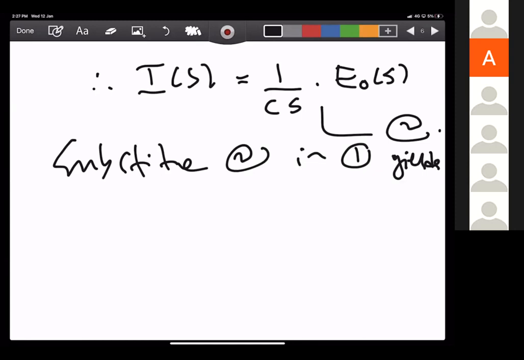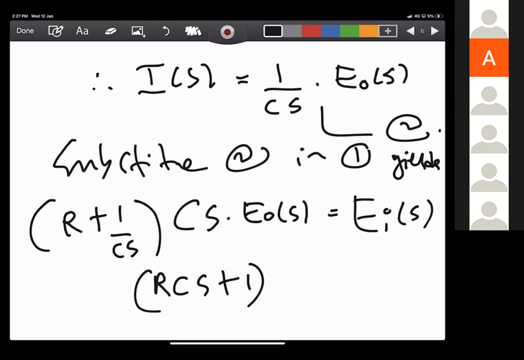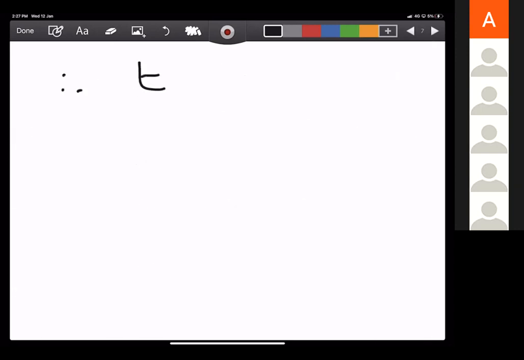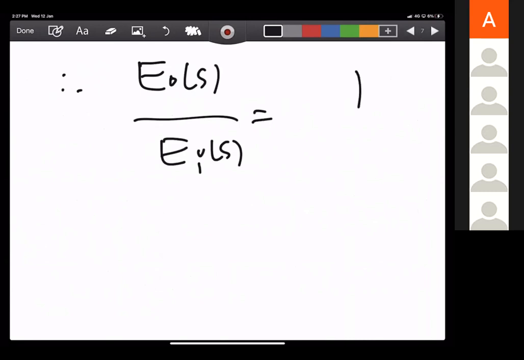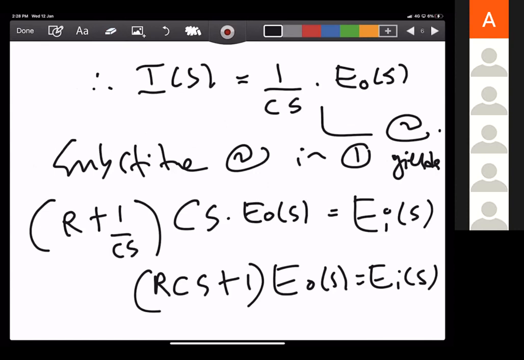So substitute E2 in 1, we get what? Correct? Equals what? 1 over RCS plus 1.